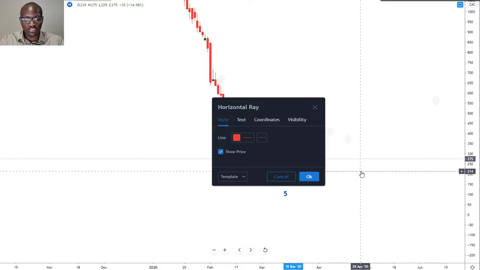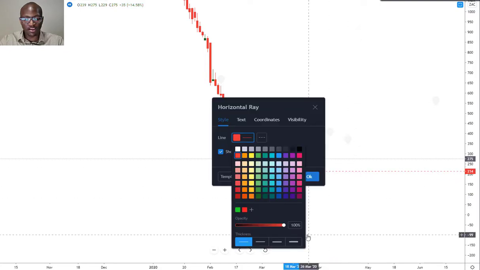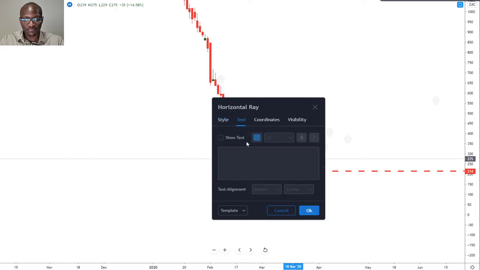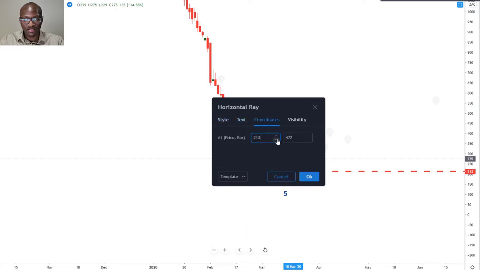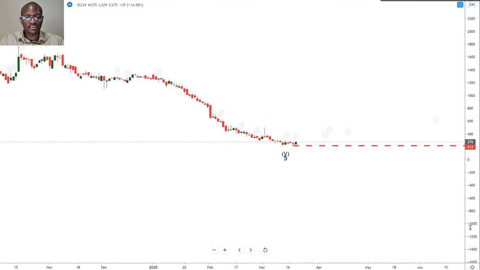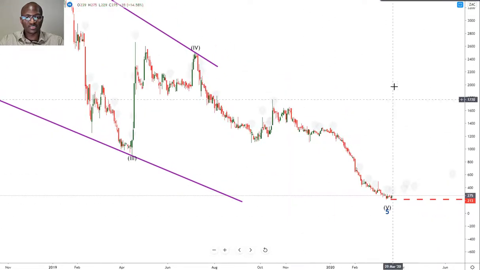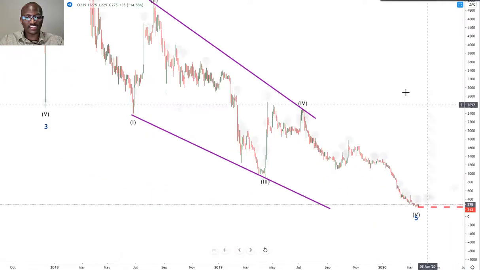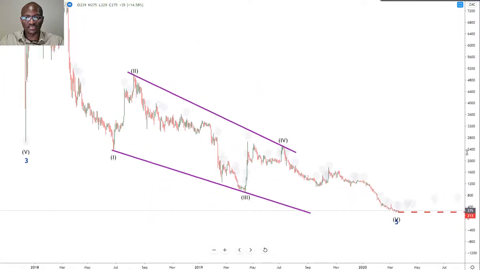This is the most recent low now, which I believe is the market bottom at 213. So before we proceed further, let's just look at this ending diagonal now, which I believe is complete.